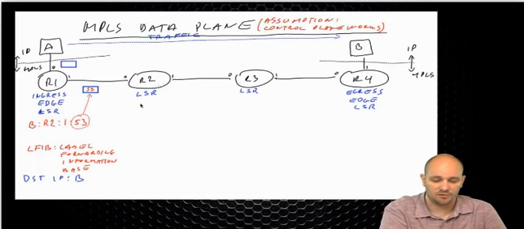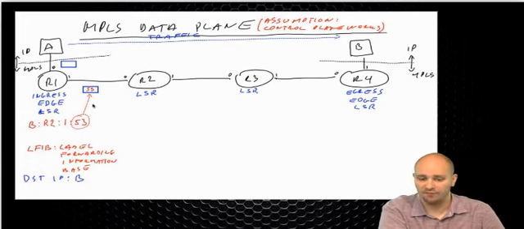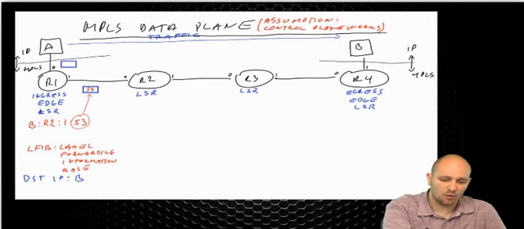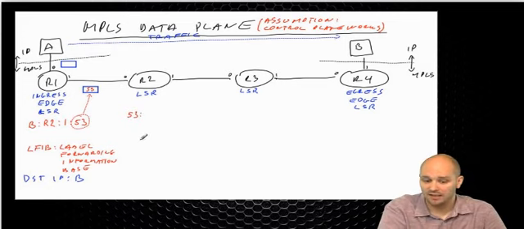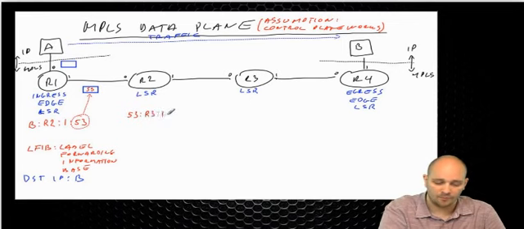Now, this packet with the label arrives to R2. R2 is just a label switching router. It is now receiving a packet with the label 53, and it's now looking up in its own LFIB. It's looking for the entry that says, what should I do with the incoming label 53? Now, let's say that in its own LFIB, R2 has information that 53 needs to be sent to R3 out of interface number 1 with the label 71.